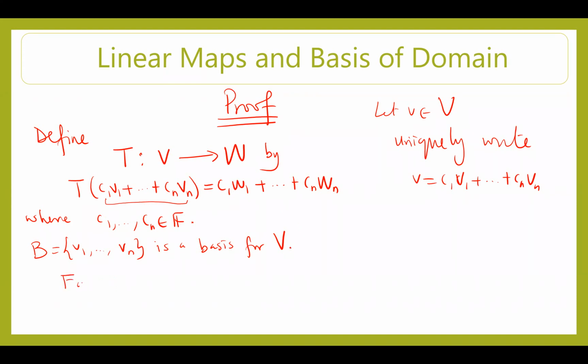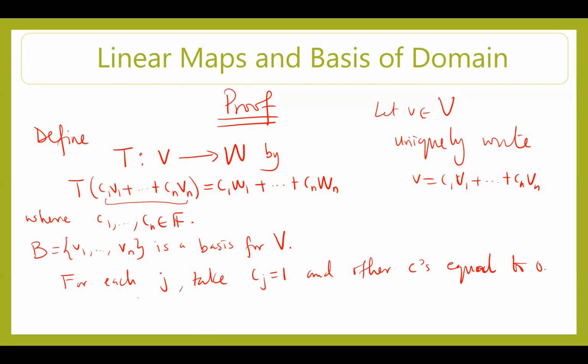For each j, can I take cj to be 1 and all the other scalars equal to 0? I can do that.